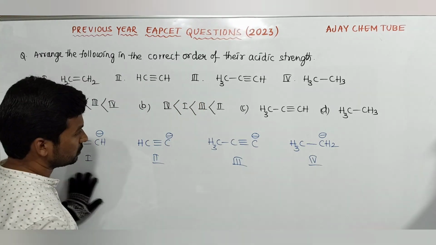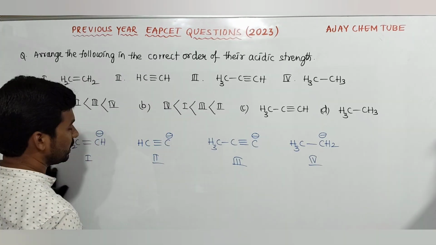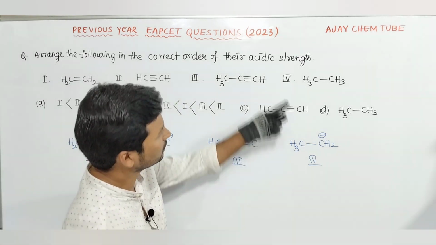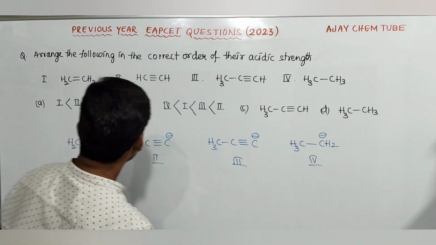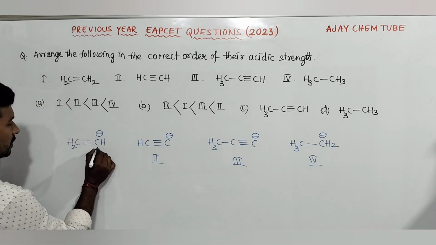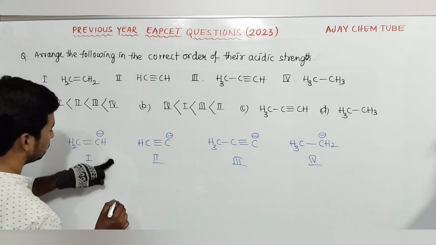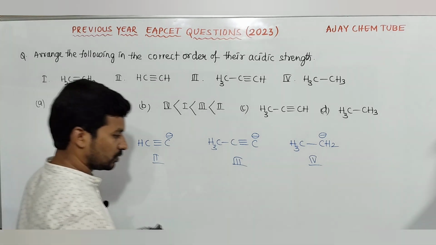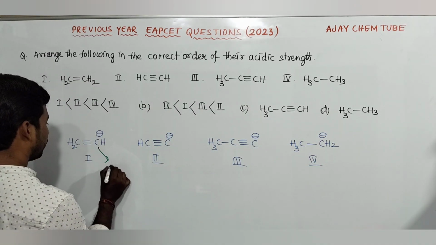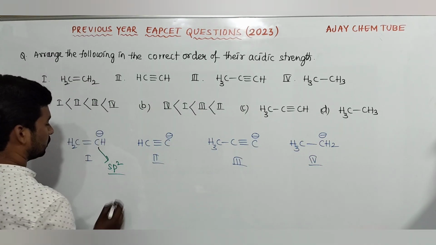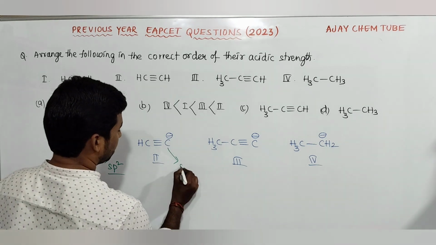Now we have to say the stability order of conjugate bases, then it is possible to predict the acidic strength order. So this is what? This is sp2 carbon. See, sp2 carbon. This is sp carbon.